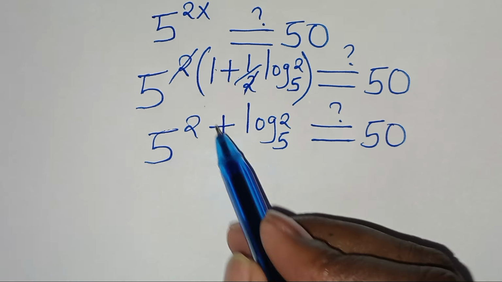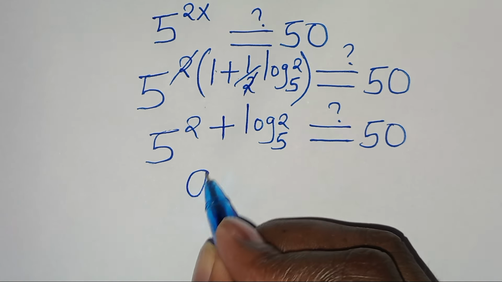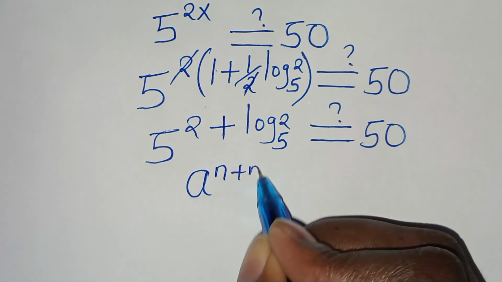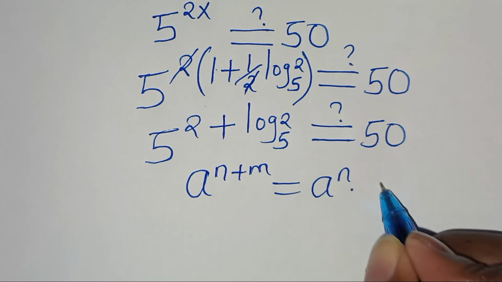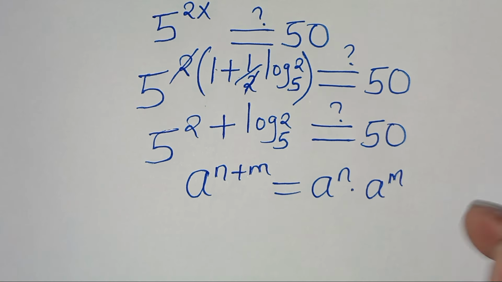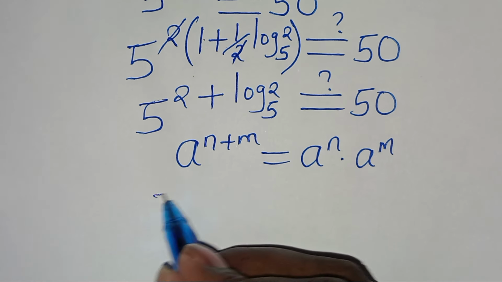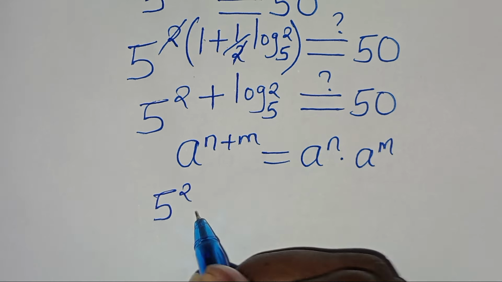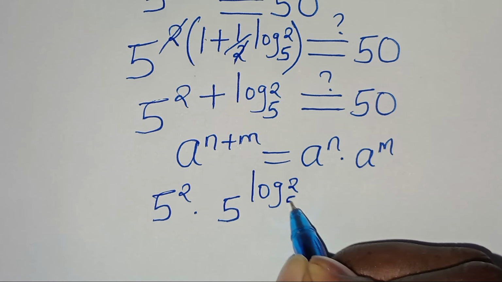Now, 5 to the power of 2 plus log 2 to base 5 is in the form of a to the power of n plus m, which we can express as a to the power of n times a to the power of m. Applying this exponent property, we have 5 to the power of 2 multiplied by 5 to the power of log 2 to base 5.